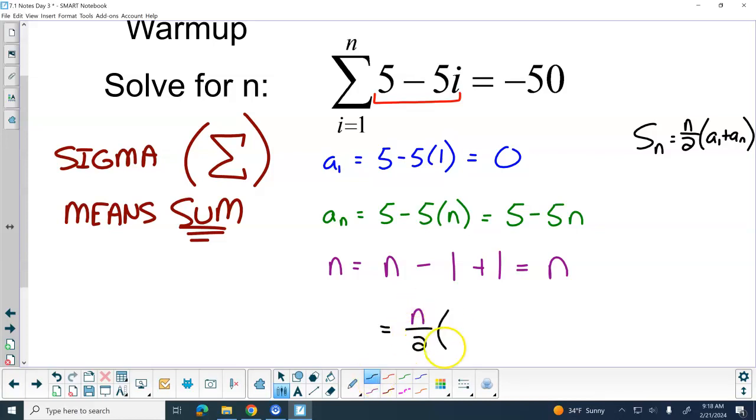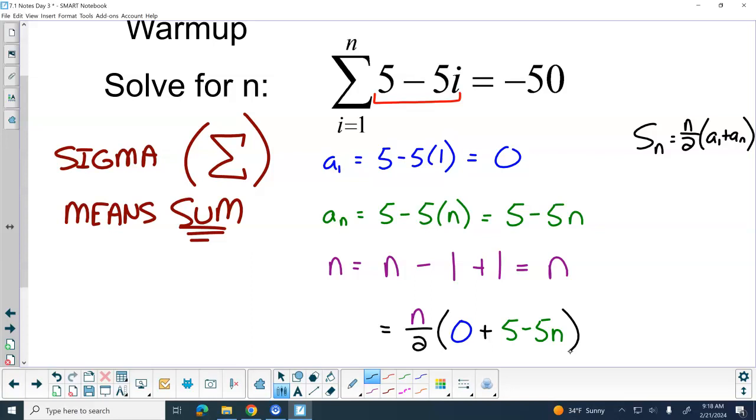That's going to be n over 2. What is the first term in this series? 0. What is the last term in this series? 5 minus 5n. So those are the 3 things that we had to find.